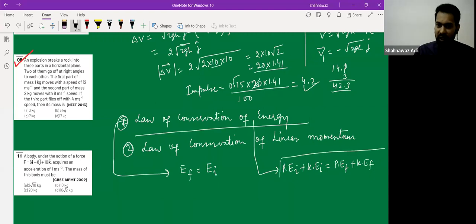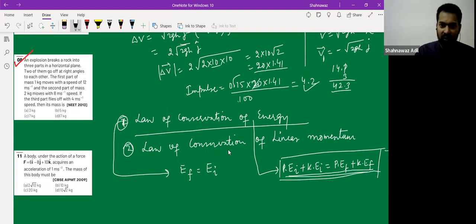So in your free fall, you already got this point, right? So this was about the law of conservation of energy, right?